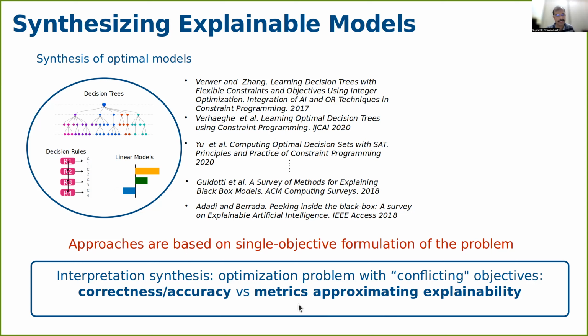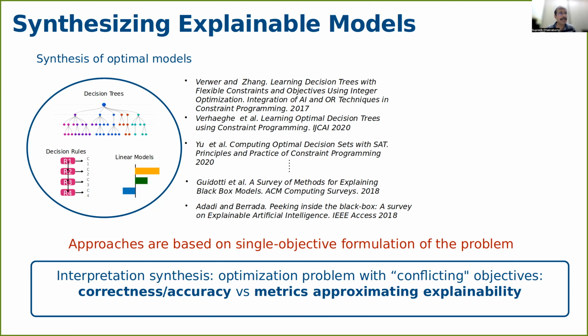If you want something which is highly accurate, then maybe it starts becoming complex. And if you want something which is simple, maybe it starts losing accuracy. And this is not just about building explainable things, it's about a lot of other things. A complex model may actually take more time to execute if we want that to be an executable model.